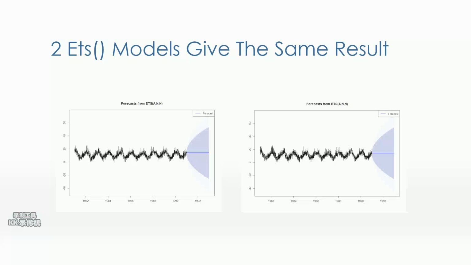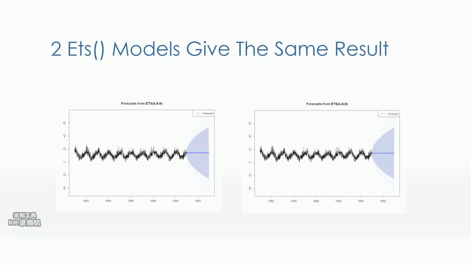The first letter represents the error term, the second letter is the trend term, and the third letter is the seasonal term. The optional letters include A, the additive model, M, the multiplicative model, N, which is none, and Z, which represents auto-select. In this case, I can only choose the ANN model or the auto-selection model ZZZ.